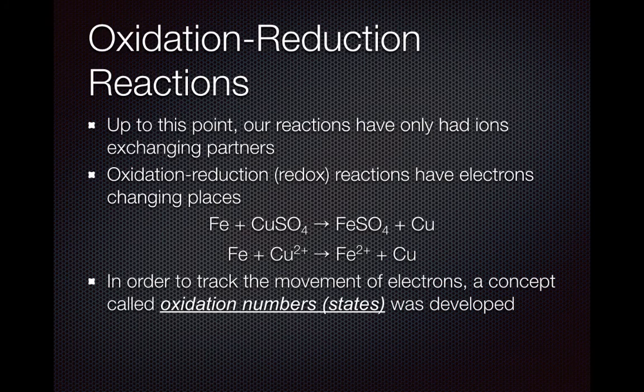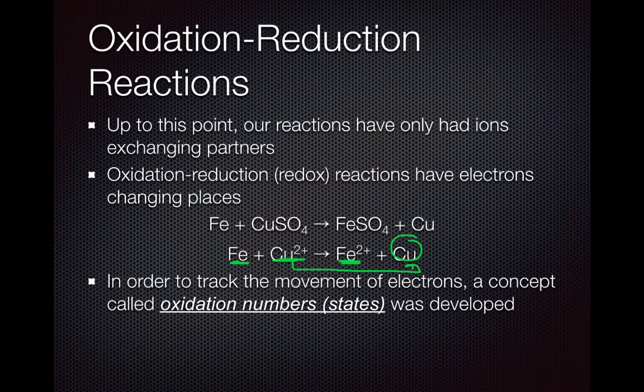If we have iron plus copper sulfate going to iron sulfate plus copper, we can break that down into a net ionic reaction, and what we see is that we have our iron going from a metal into iron 2 plus, and then we go to copper 2 plus going to copper.